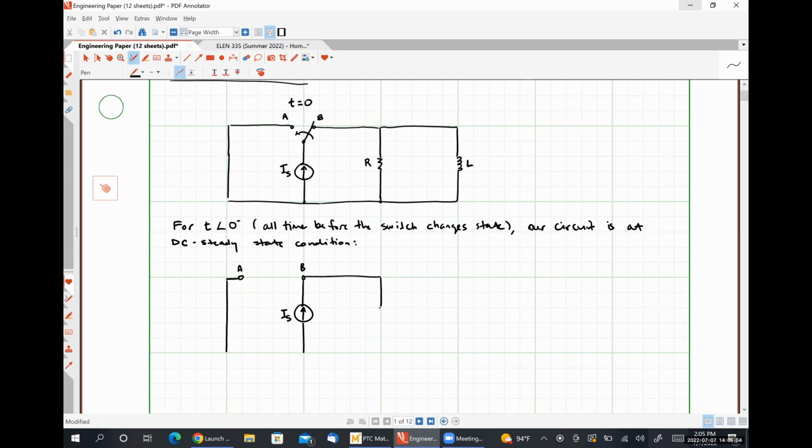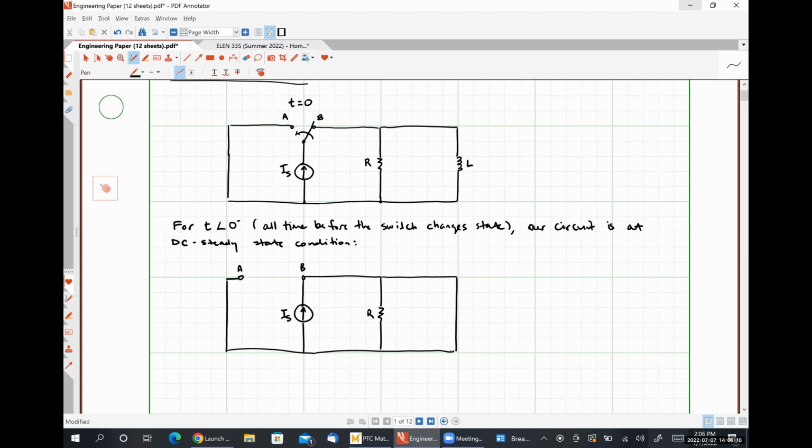Then we have our resistor R. And over here to the right, we are going to replace our inductor with a short circuit, because to a DC circuit, an inductor behaves like a short circuit.